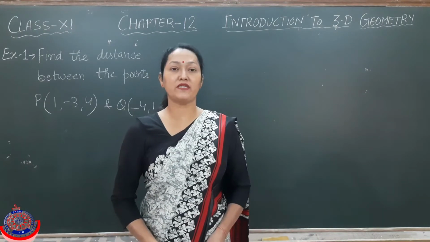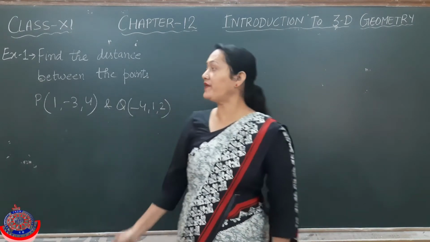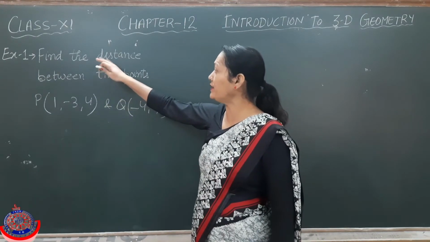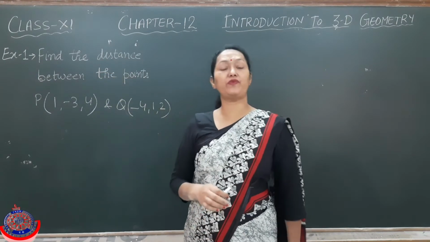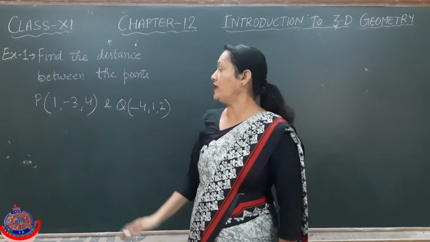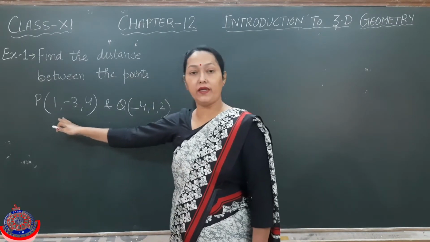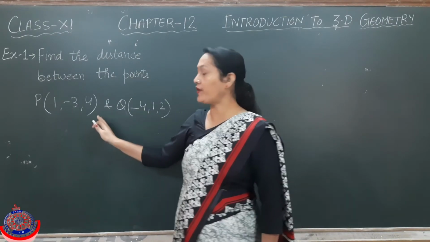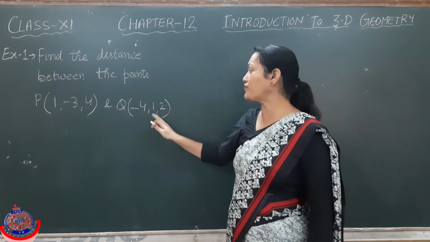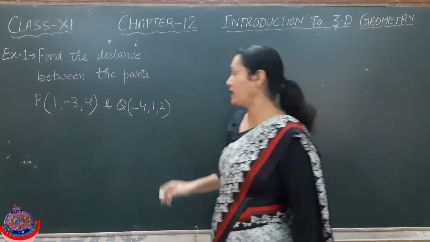Let's do some examples based on this formula. Here we have got a question. They are saying find the distance between the points P and Q. Coordinates of P are 1, minus 3 and 4, and coordinates of Q are minus 4, 1 and 2.